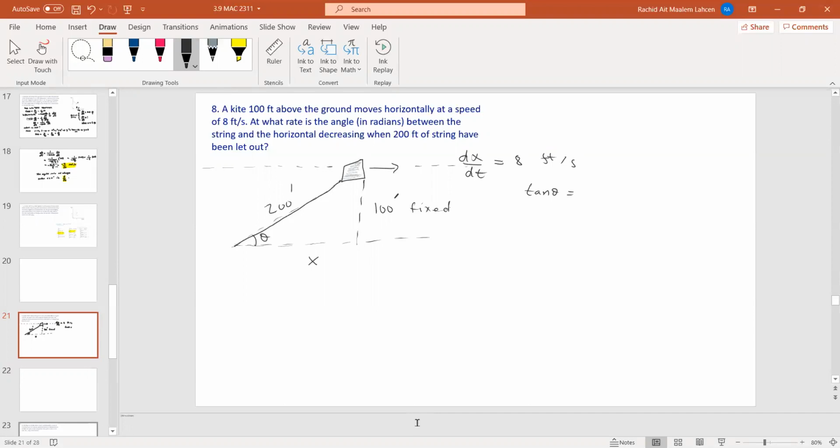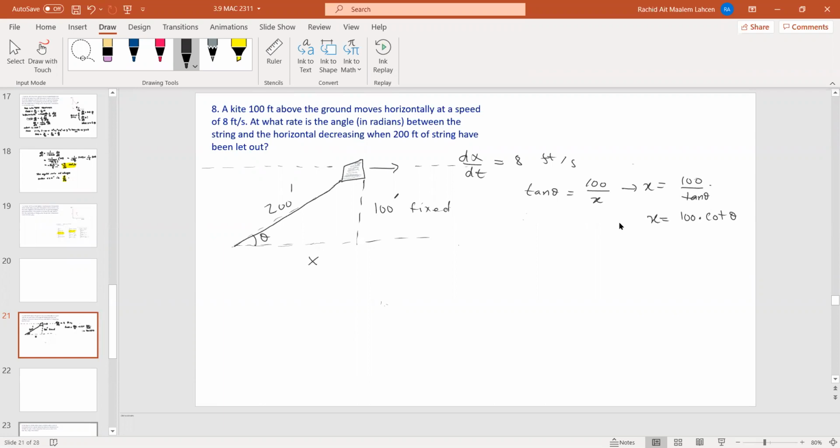You're going to do 100 over x, right? Then you will get x as 100 over a tangent theta. And we know 1 over tangent is cotangent, so 100 times cotangent theta.